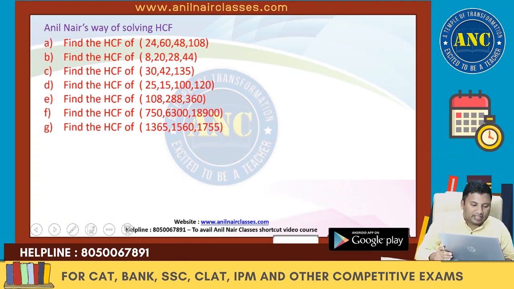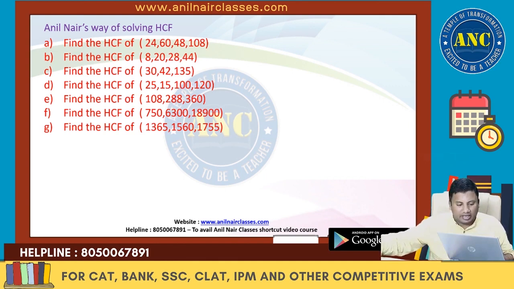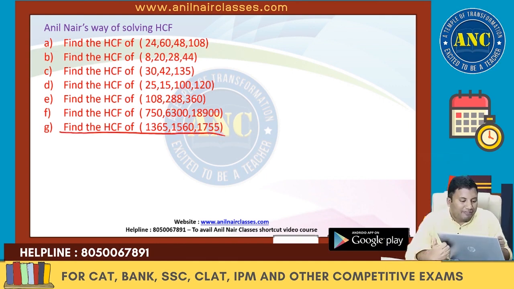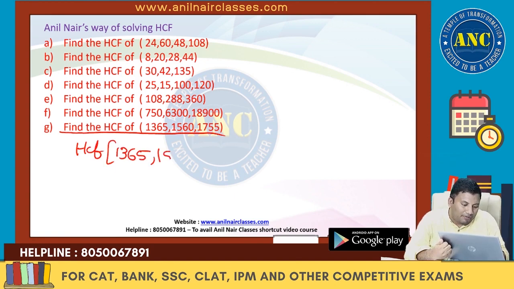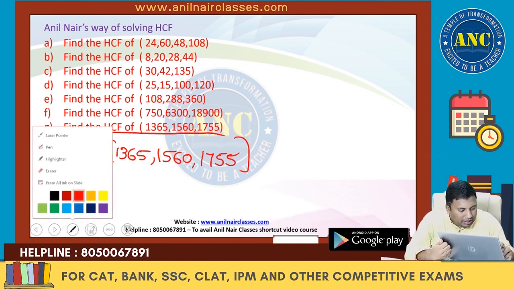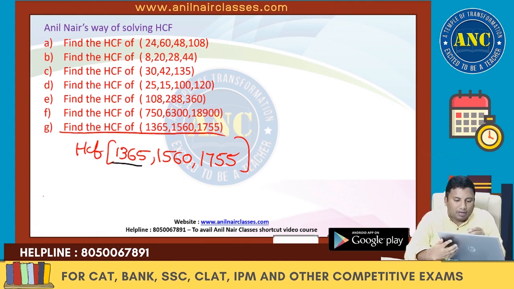Chetan, tomorrow I will discuss factors and multiples. When I am discussing factors and multiples, you will understand it clearly. Find the HCF of 1365, 1560 and 1755. Take the smallest number, 1365.